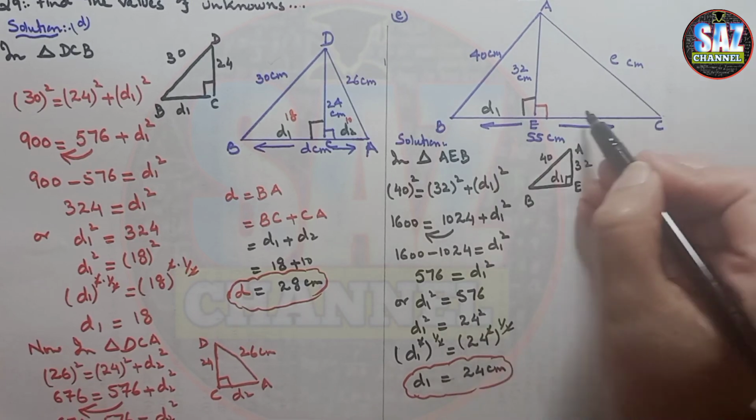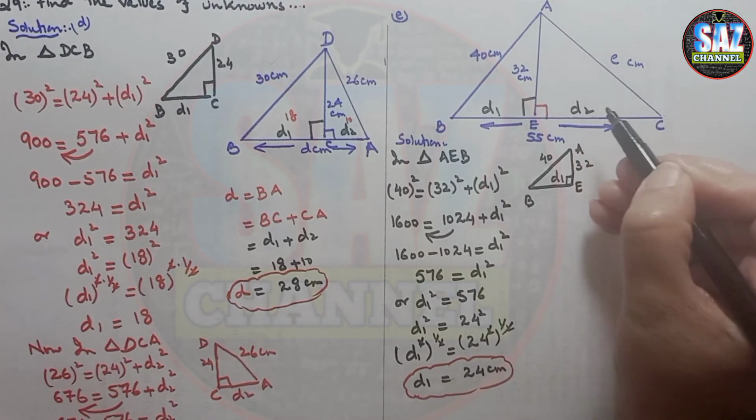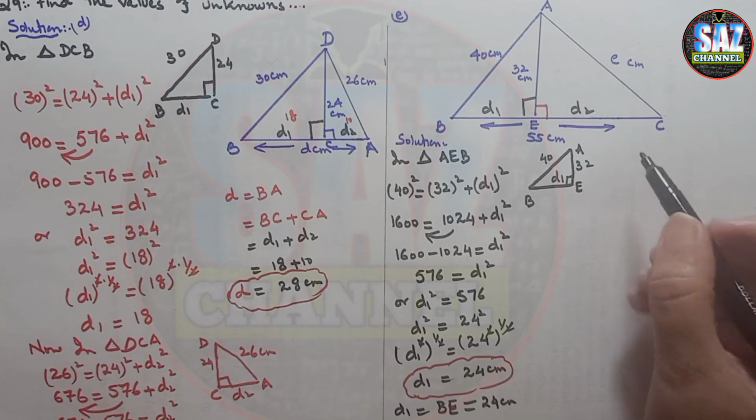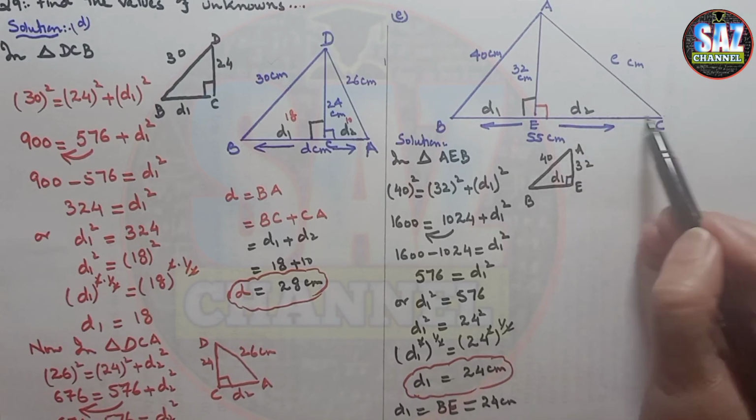And let this be D2. Now D1 is B to E. D1 equals B to E equals 24 centimeter. Now coming to the total length, we need to find this D2 length.